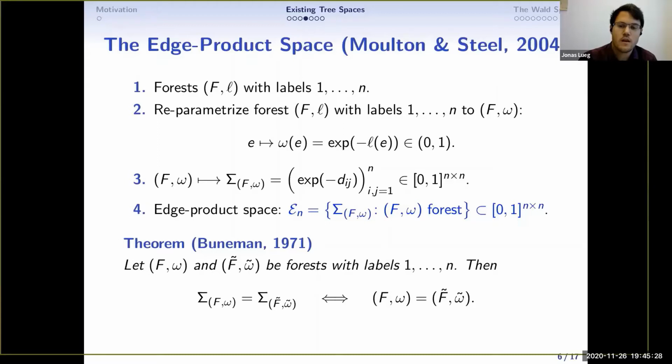This is a subset of the n times n real matrices, which induces a topology on the set. And there's a nice theorem based on Buneman in 1971, giving a unique one-to-one correspondence between forests and their respective matrices. So we don't lose any information by just taking the set of matrices.